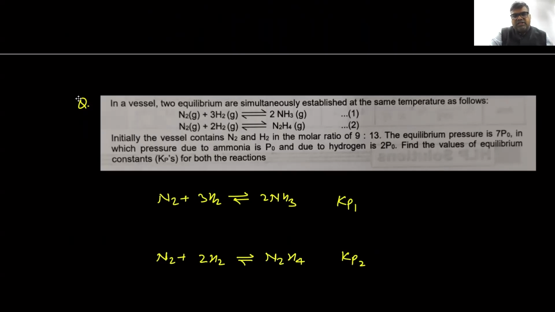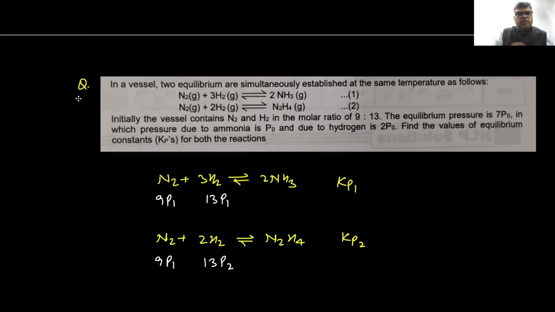Since it is given nitrogen and hydrogen in the molar ratio of 9:13, the molar ratio is the same as the ratio of pressures. So can I write the pressure of nitrogen as 9P and that of hydrogen as 13P? And since it is a common vessel, for both the equilibria this value will be the same, 9P and 13P, because the mole ratio is given 9:13.